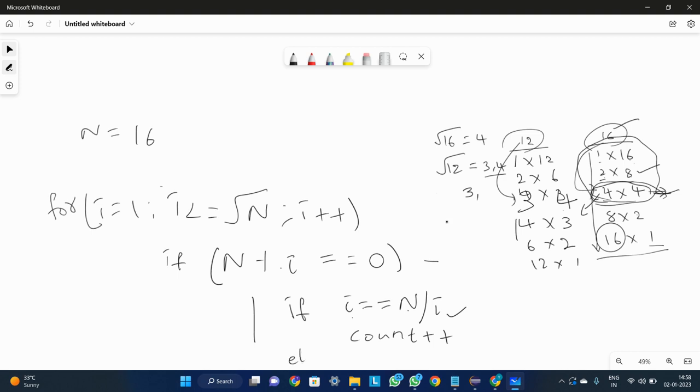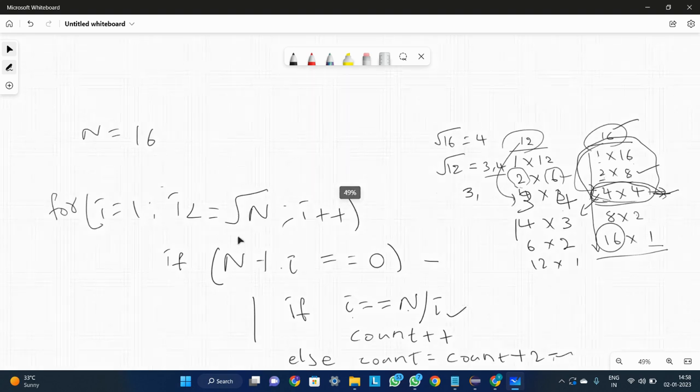Else, for other cases, for example 1 and 16, if one factor is there, the other is also a factor, so we increment count by 2. We are checking from 1 to root n. If count is equal to 1, we get prime, or else we don't.